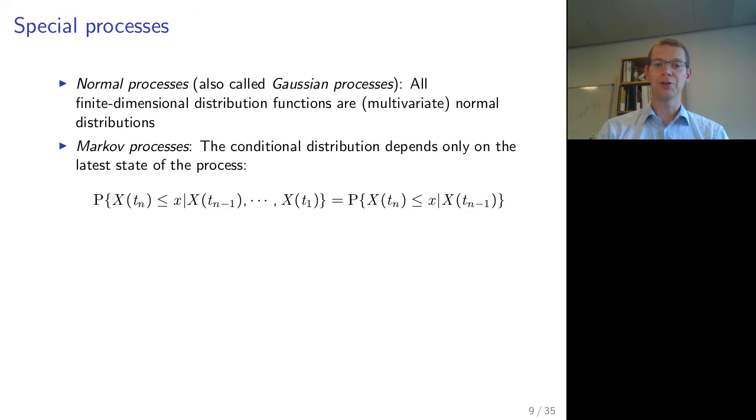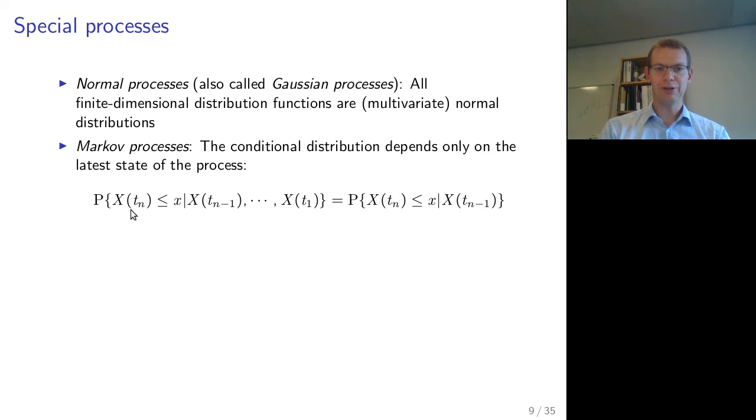We will also focus on the Markov property, where the conditional distribution only depends on the latest state of the process. So if I'm at some point here, then moving around somehow, the prediction of where I'm going to be, all the information about that is in the current state of the process.